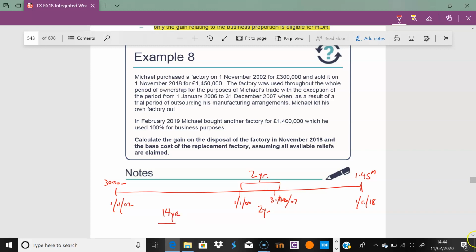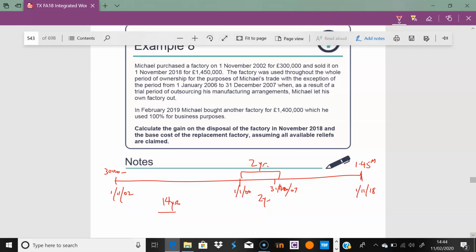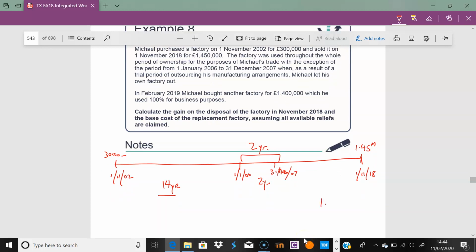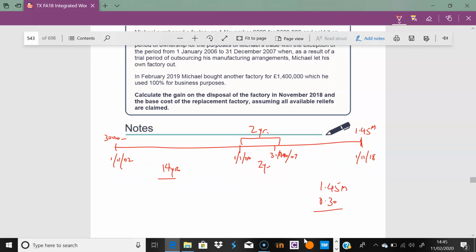So what can he therefore roll over, so to speak? We first of all find the gain. He sold it for 1.45 million, and it cost 0.3 million, therefore giving us a gain of 1.15 million.